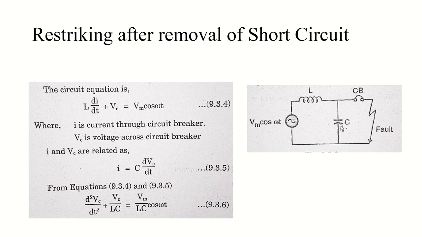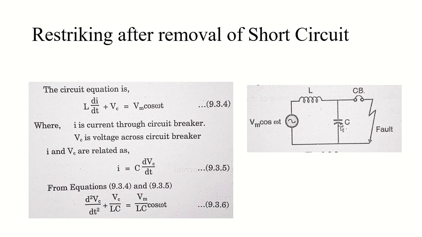So current will continue to flow through the arc, but successful interruption will depend on controlling and finally extinguishing the arc, and that interruption is effected at the instant when the current becomes zero.